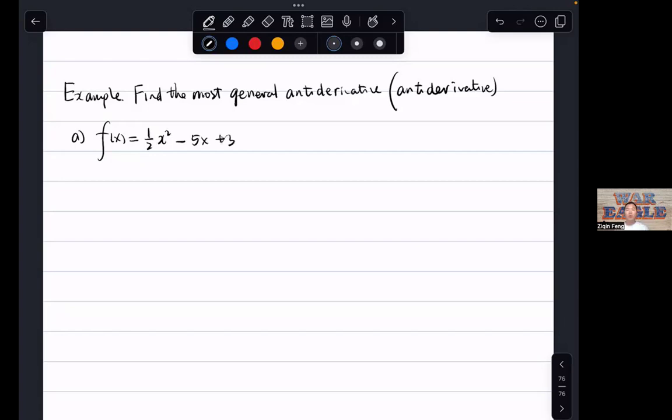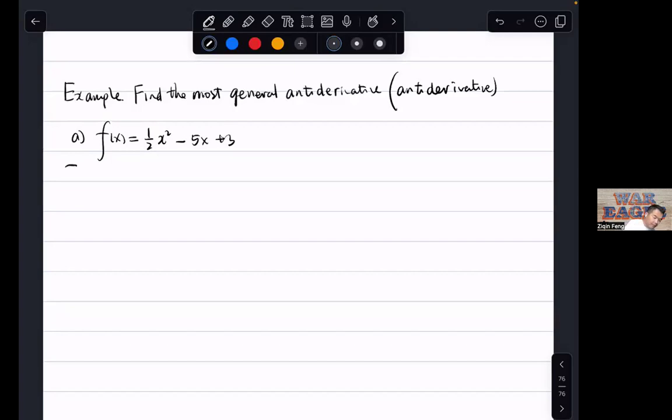Remember, when you take a derivative of a sum or difference or multiple by a number, all you need to do is take the derivative of each term, then take the difference. Same thing happens here going backward. Still, all you need to do is take the antiderivative of each term, then multiply by the same number, and take a difference or a sum, right?